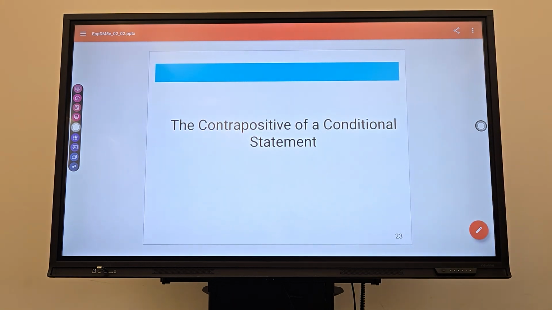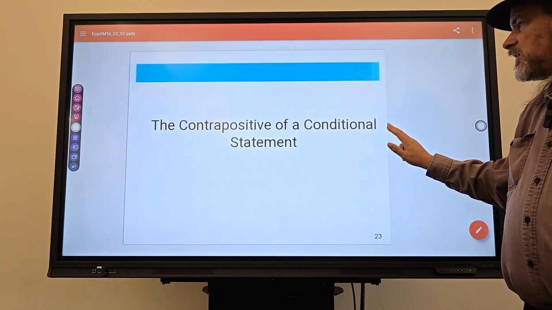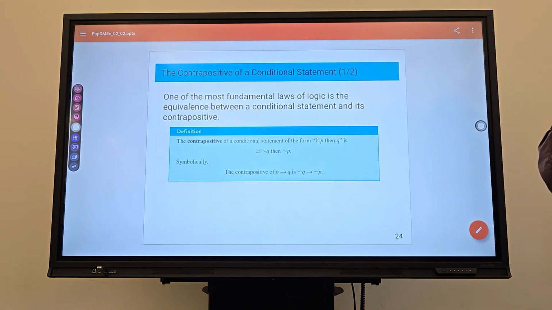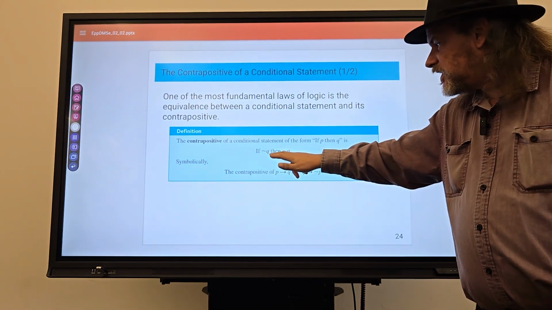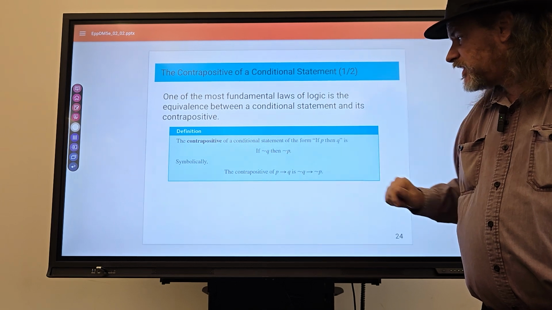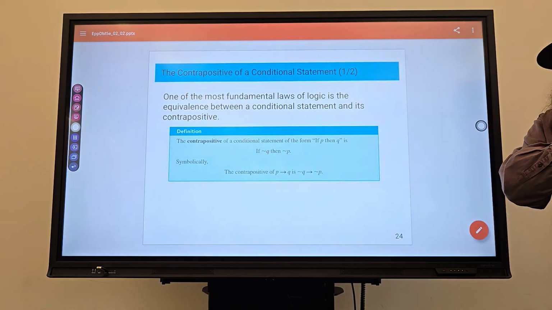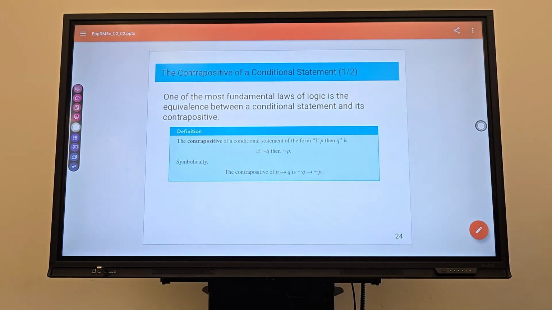So the contrapositive of a conditional statement. Big word, basically just means flipping everything around. It is the statement that if P then Q becomes if not Q, then not P. Flip them around and negate them both.